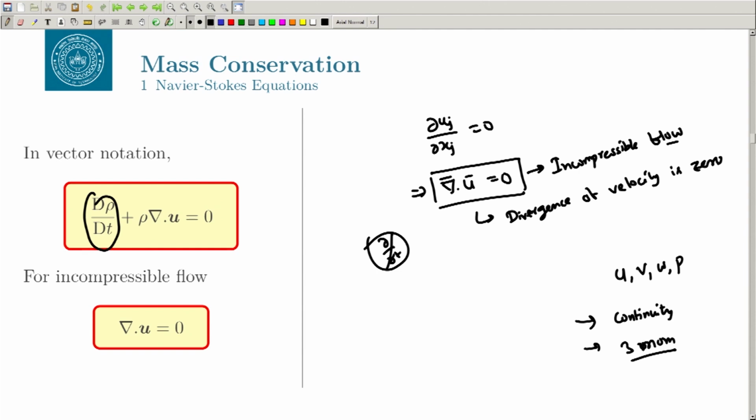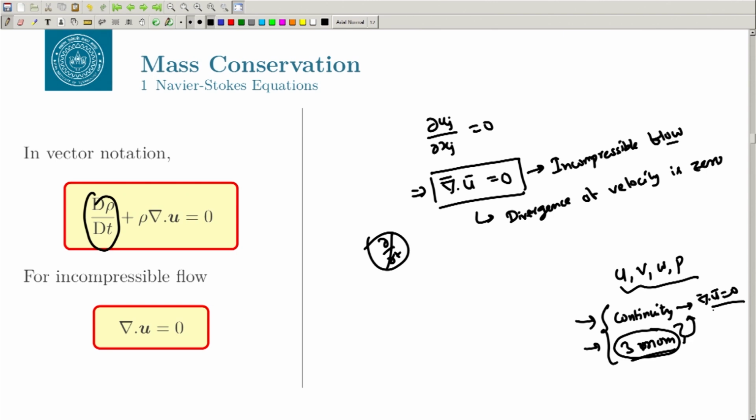There is no energy conservation for incompressible flow. So 3 momentum equations will give you 3 values, but the continuity is just a condition, not a dynamical equation. It is just del dot u equal to 0, so you cannot solve everything using del by del t. You have 4 unknowns and only 3 equations, and then 1 condition.